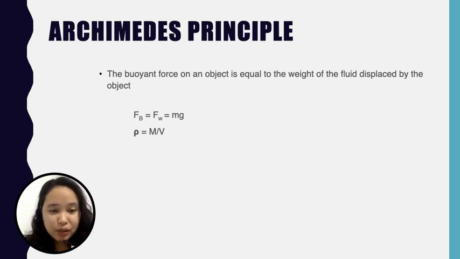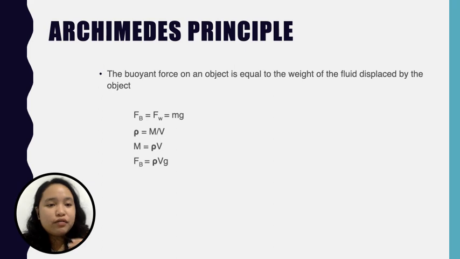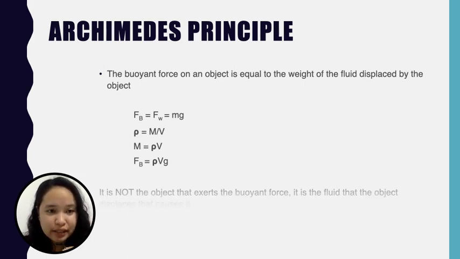You may also recall that density is equal to mass over volume, so we can rewrite that as mass is equal to density times volume. Therefore, your buoyant force is given by rho V times g, with rho being your density, V being your volume, and g being the acceleration due to gravity.